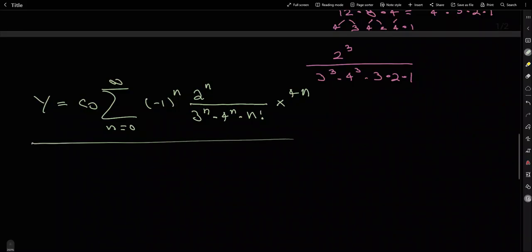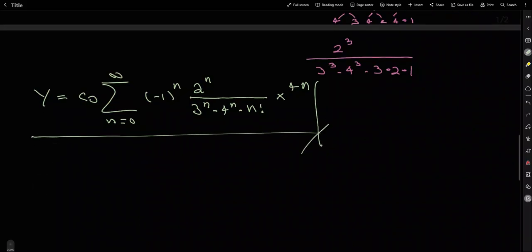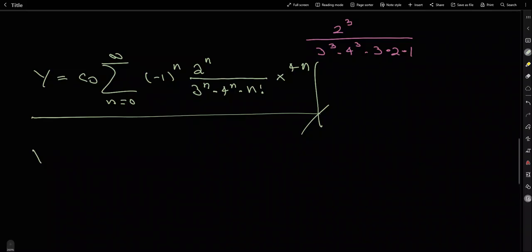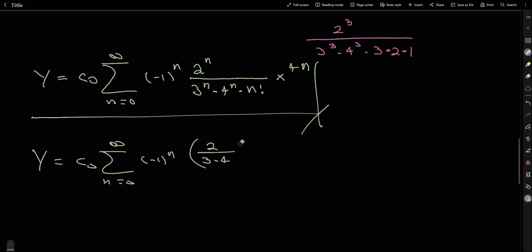So this is number one, the solution in sigma notation. Let me go the extra mile. So y equals c sub 0 sigma n equals 0 to infinity of negative 1 to the n, that's 2 over 3 times 4, times x to the fourth, and everything raised to the n power, and divide everything by n factorial.